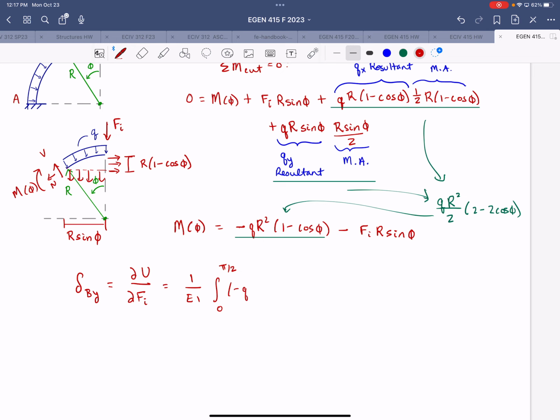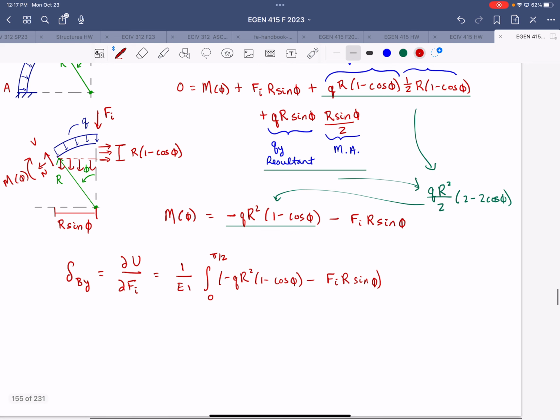So negative QR squared times 1 minus cosine phi minus Fi R sine phi. And then the partial derivative of that moment expression with respect to Fi, which is just negative R sine phi. And then we have R d phi.